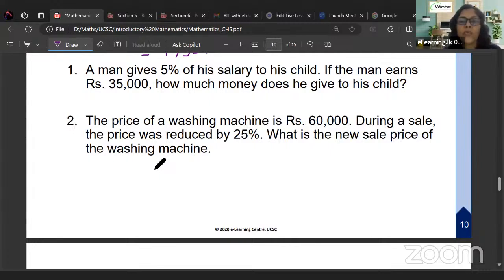First find what is the value of 25% of 60,000. So the value of 25% of 60,000 means 25 divided by 100, multiplied by 60,000. Right?